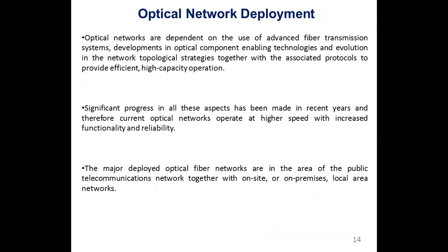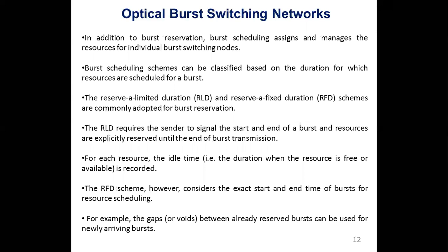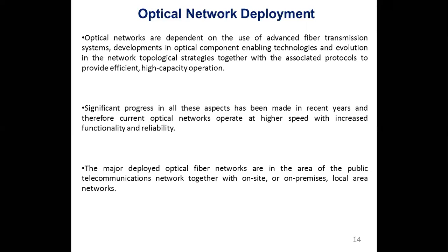So now let's look at the optical network deployment. The optical networks are basically going to depend on use of advanced fiber transmission and development in optical components. For example, we're trying to move from electrical regenerators, or optical-electrical regenerators, to complete optical regenerators.